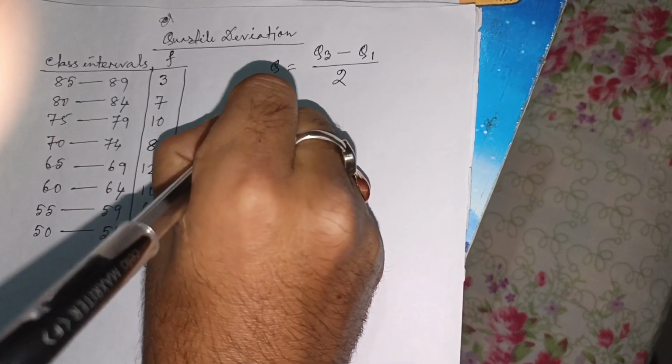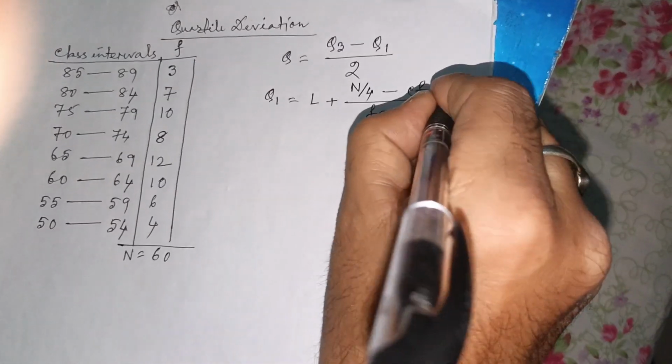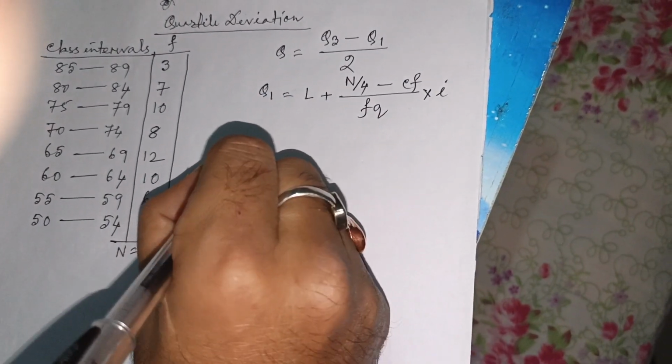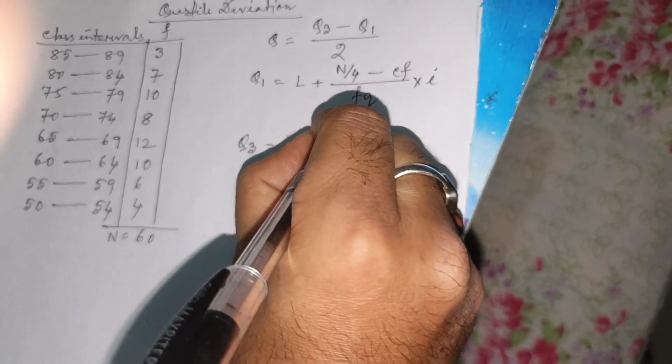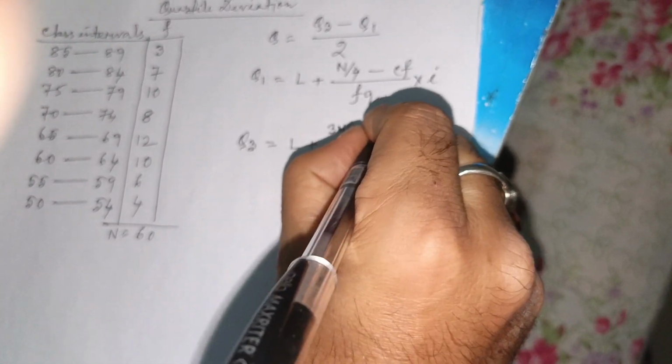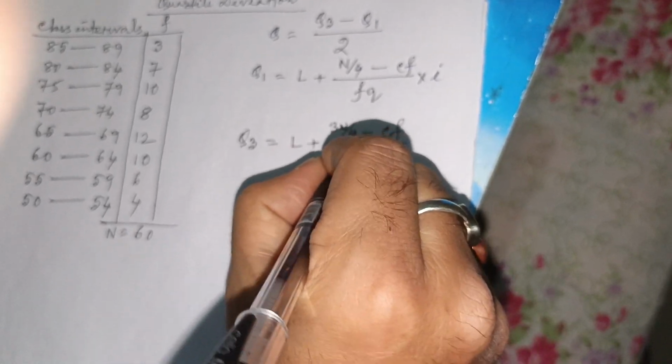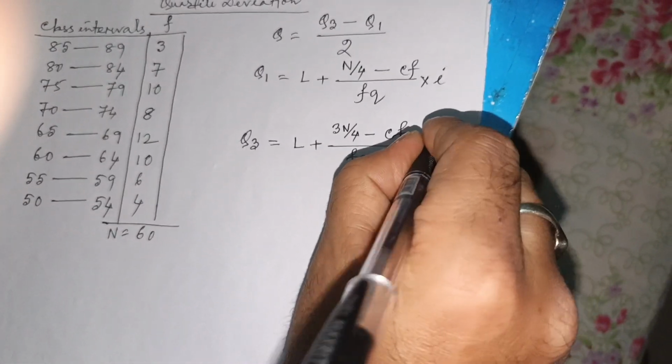Again, Q1 equal to L plus N by 4 minus CF divided by f into i. Another formula is there: Q3 equal to L plus 3N by 4 minus CF divided by f into i.